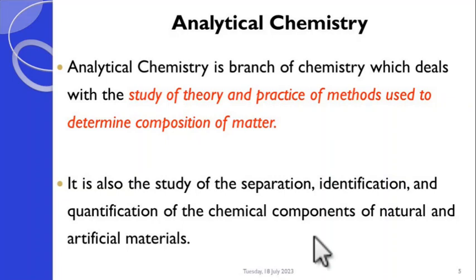We are calling this branch analytical chemistry. Again, analytical chemistry can be defined as the study of the separation, identification, and quantification of those chemical components that are of interest, be it natural or artificial.